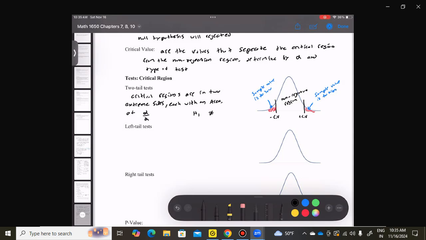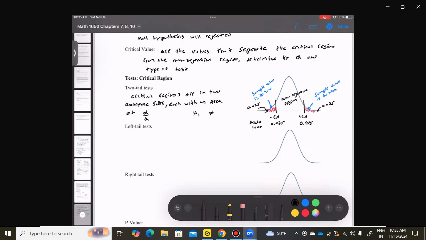Right, and so if we are using the 5% alpha, then this region here is 0.025, and this region here is 0.025. And so then the critical values will be evaluated when we're at an area to the left of 0.025, and an area to the left of 0.975. It goes back to what we did in the normal distribution.